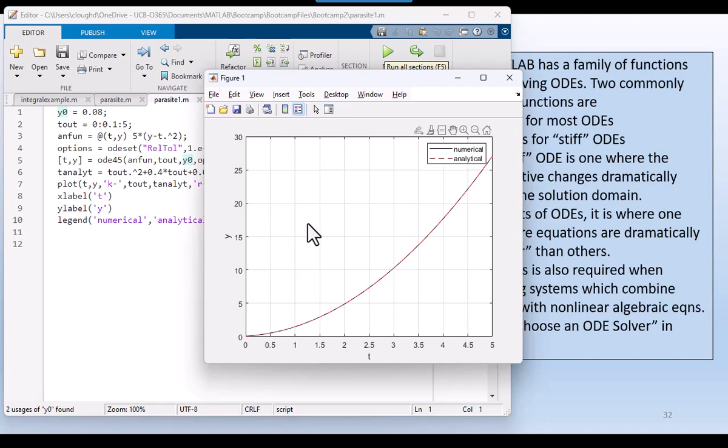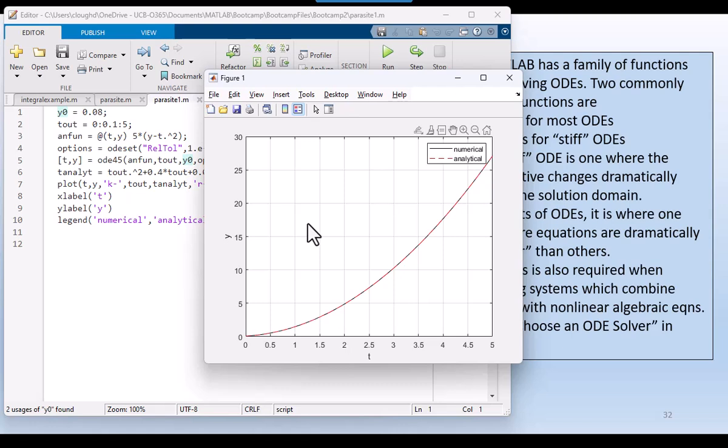The thing to keep in mind when we go about solving a differential equation or a set of differential equations numerically is that we also always have to keep in mind whether those solutions are accurate or not.